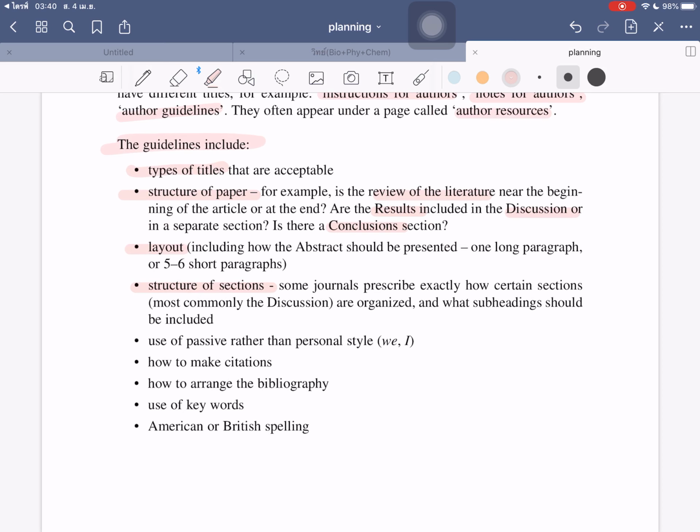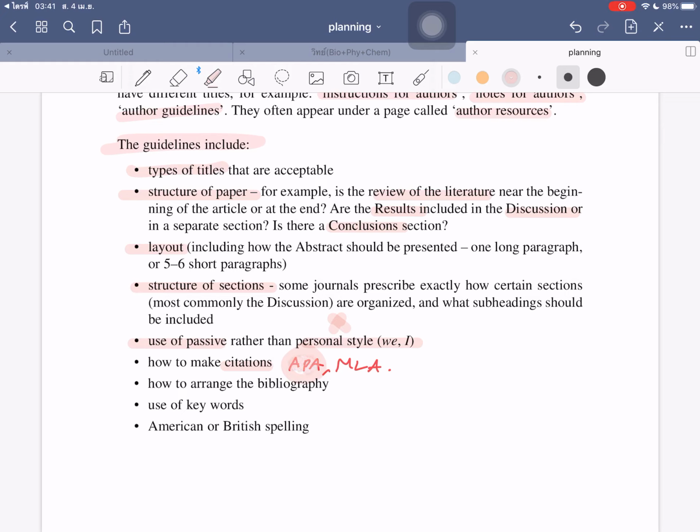And then the use of passive rather than personal. Personal "we" and "I" is unacceptable. Citation is an important thing you need to be aware of. There could be either APA or MLA style guide or whatever you like, but most journals use the APA style.